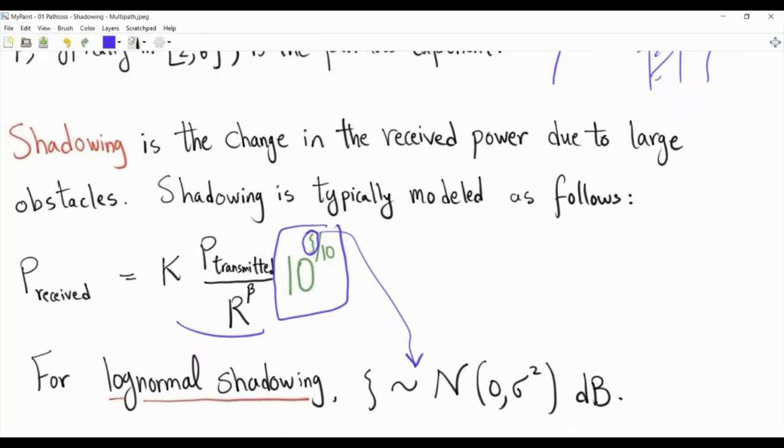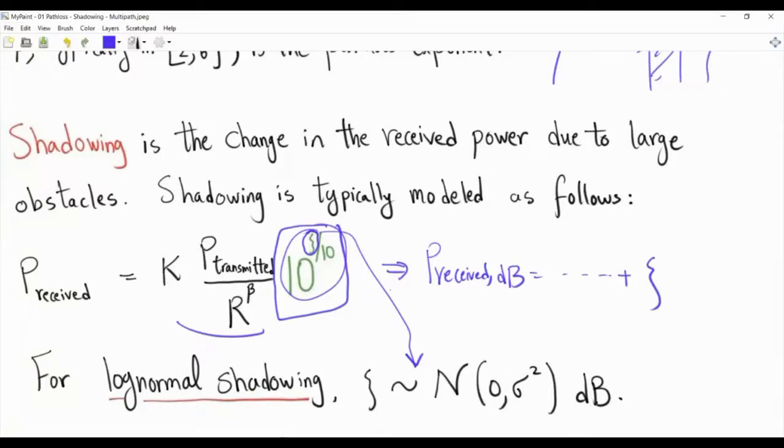Okay, and so writing it this way, if you express your received power in decibel, it means that you take its logarithm to the base 10, and then you multiply by 10. So if you take this term, take its logarithm to the base 10, and then you multiply by 10, you just get zeta.